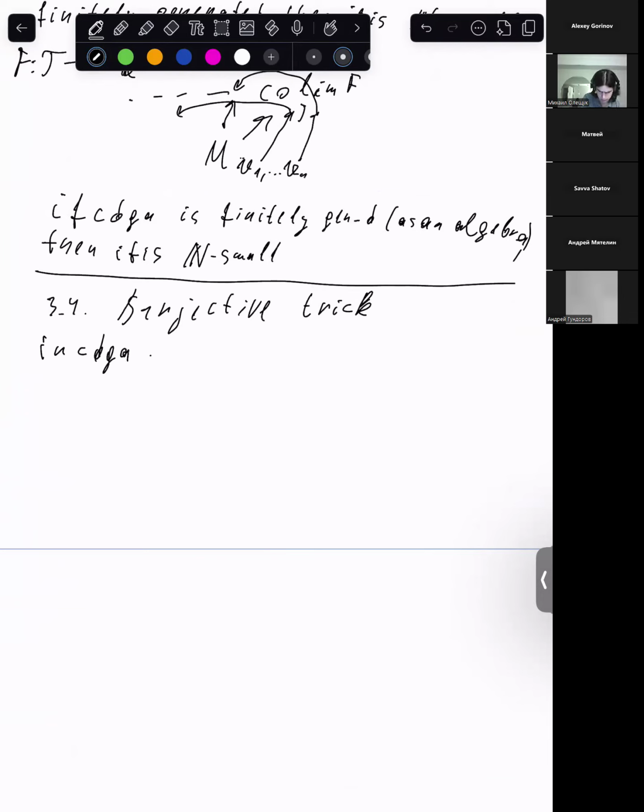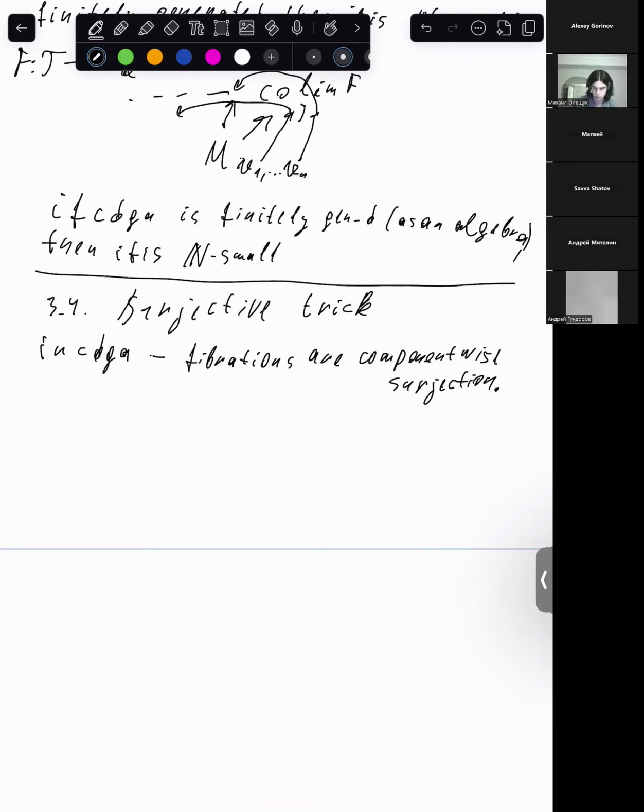And the only thing we need to check is the existence of path objects, which is basically the surjective trick we saw in class.